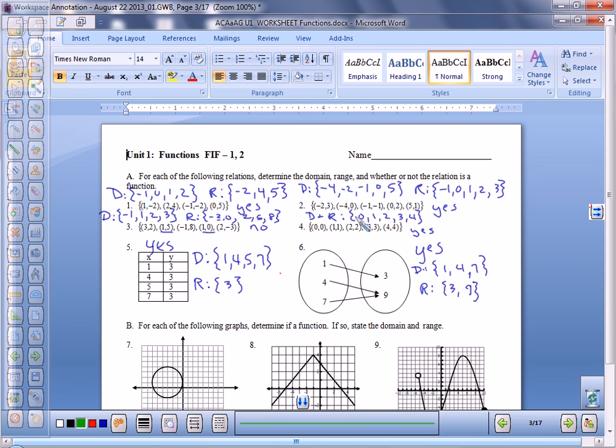I wrote the answers right above the column. Okay, quickly check 1 through 6 and ask if you have questions.